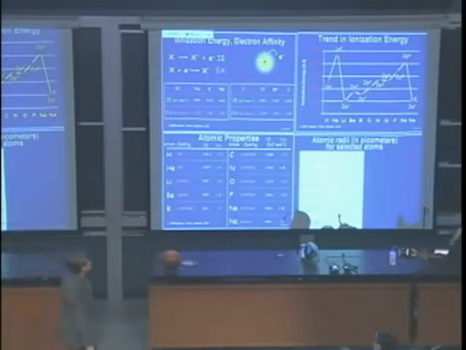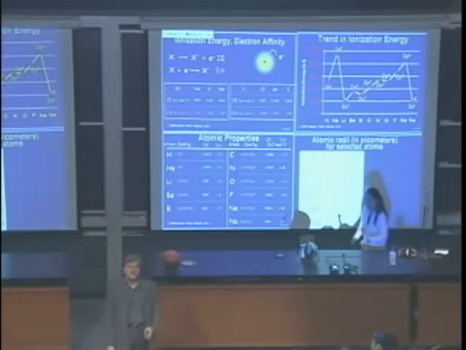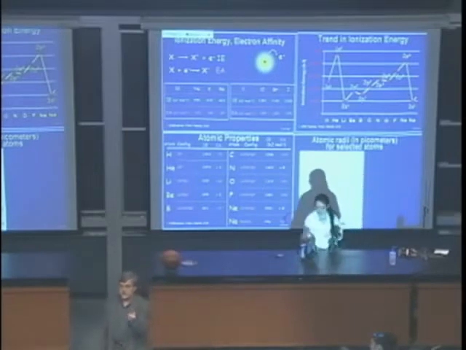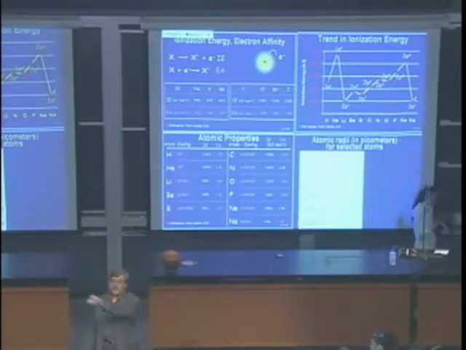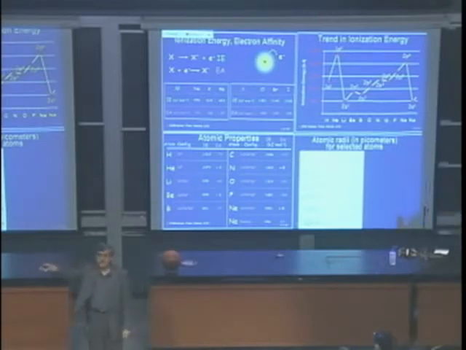And the ionization energy increases as you go from left to right in the period. Of course, this makes some sense. You increase the nuclear charge, and with this, there's stronger binding to the electrons, and one electron is more difficult to remove. So you need more energy to remove it.